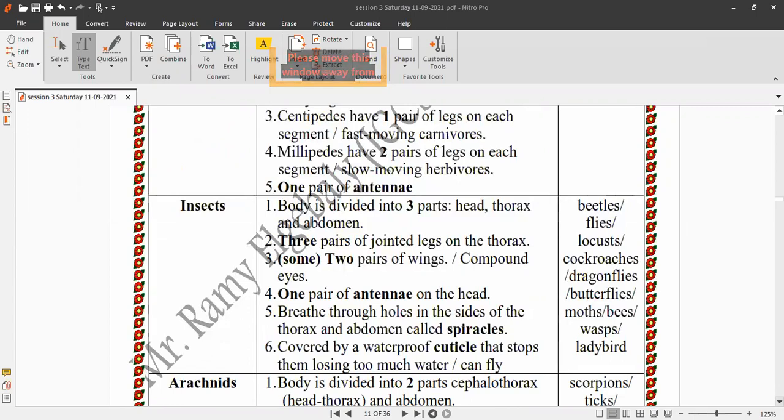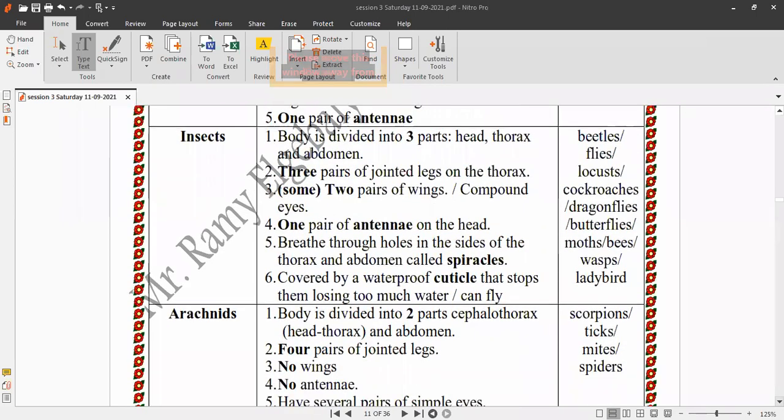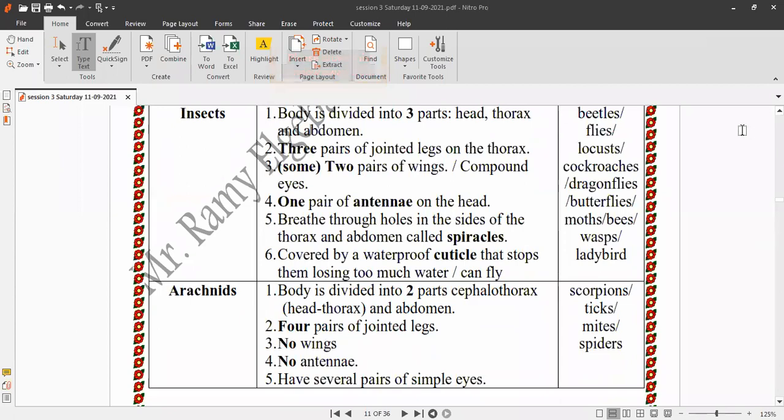Let's see the insects and arachnids and compare between them. Insects, body divided into 3 parts, but arachnids, body divided into 2 parts: cephalothorax, head and thorax, and abdomen.